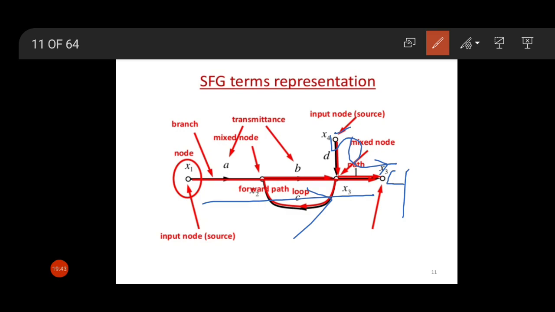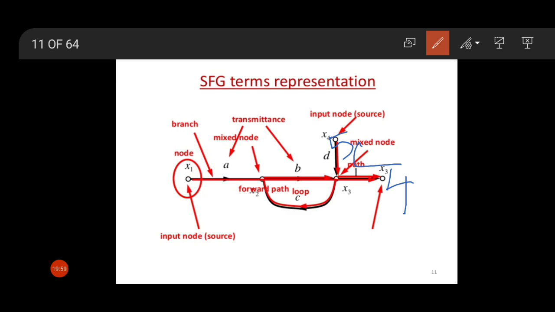And the second forward path, with this being X5 and this being X4, is X5, X3, X4. Okay, clear?